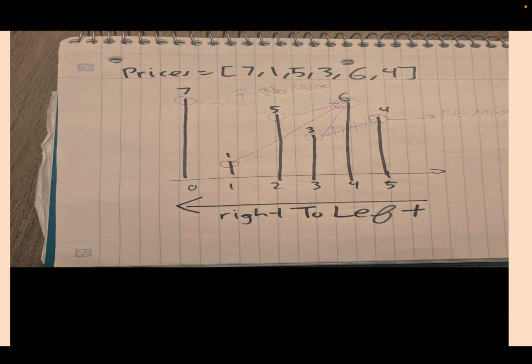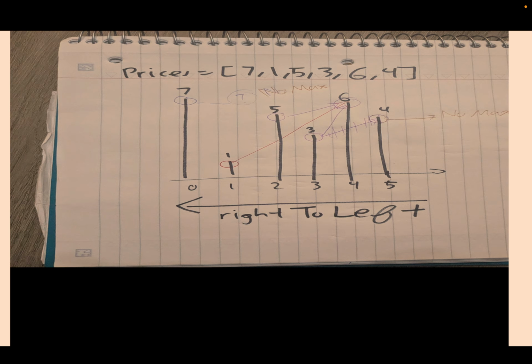So for day 1, day 2, and day 3, the max value to the right is 6 on day 4. Now we can ask ourselves, from this 1, we see 2 towers, 5 and 6. How did we know to choose the 6 over the 5?